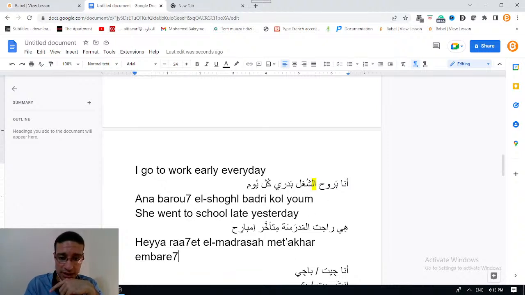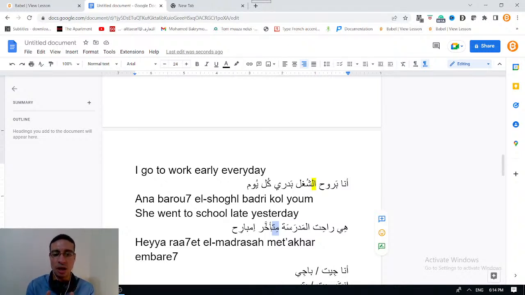Why I pronounced this word متأخر like there was a pause in the middle of the word? It's because of this hamza, this thing above the alif. It's called hamza. This means that you have to make like a pause. You start as if you're starting a new word with the letter a.